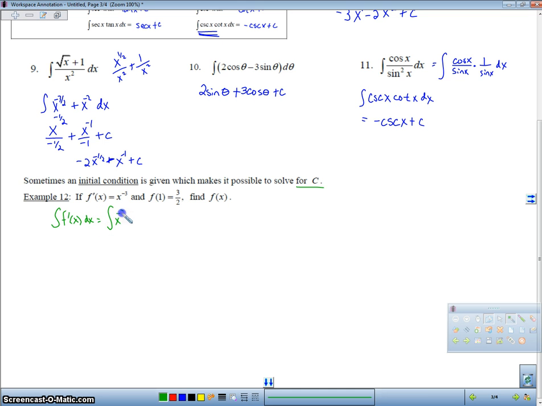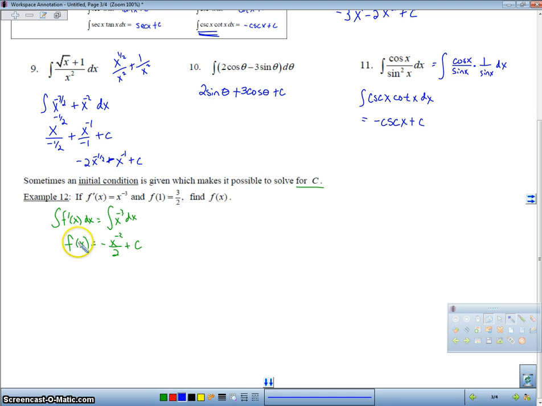So x to the -3 dx, and we're going to get f of x to be negative x to the -2 over 2, right? Because I divided by the negative 2, plus c.